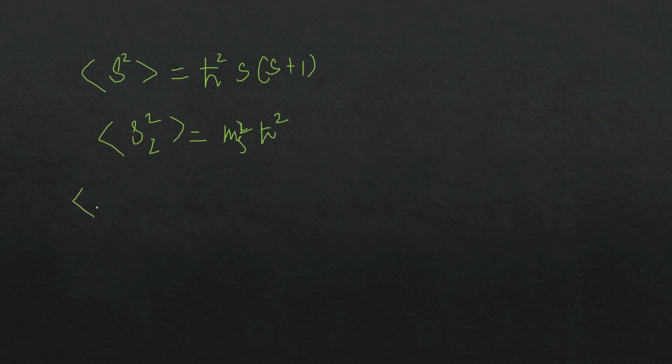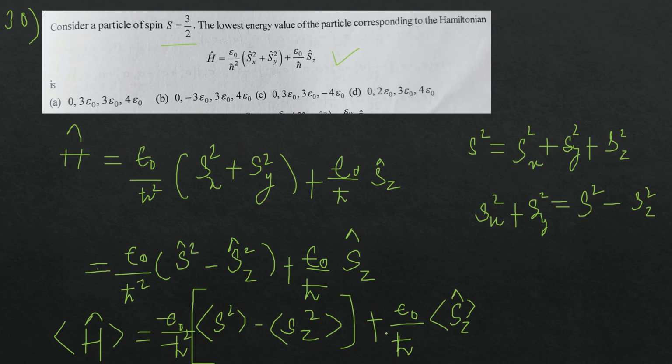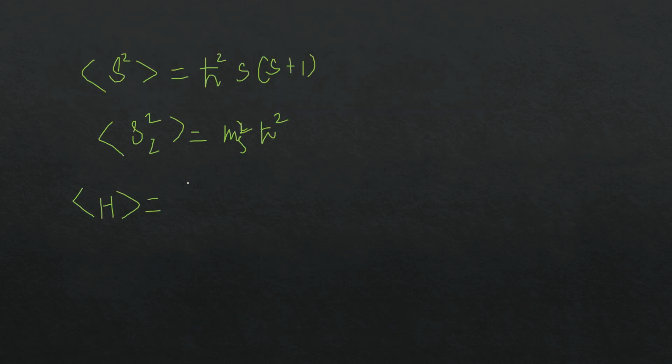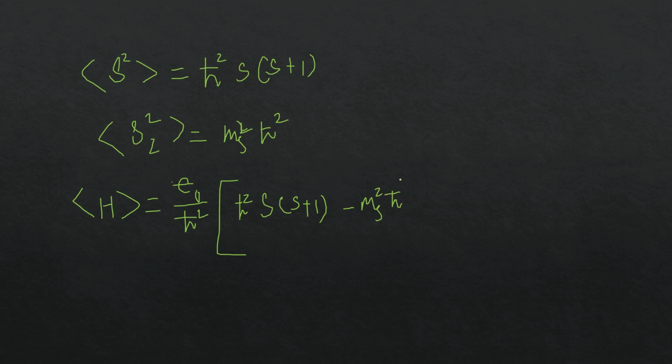So if we put it, the expectation value of the Hamiltonian is equal to epsilon naught by h cut square, times h cut square s into (s plus 1) minus ms square h cut square, plus epsilon naught by h cut times ms h cut.